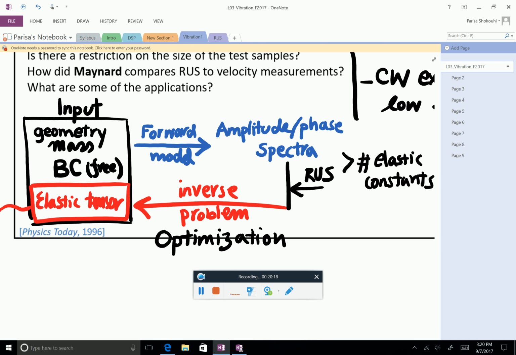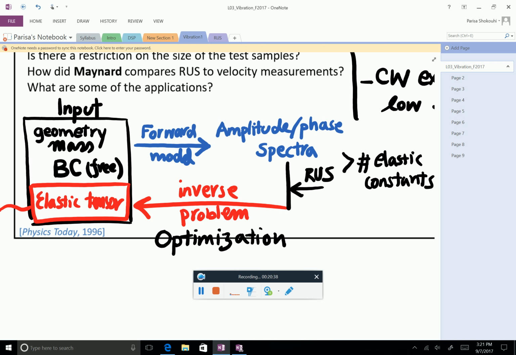Yeah, so he was studying there. He has written a book. I think it's even online for free, just on ROS and how you actually get elastic constants from those measurements. So it's pretty complicated.